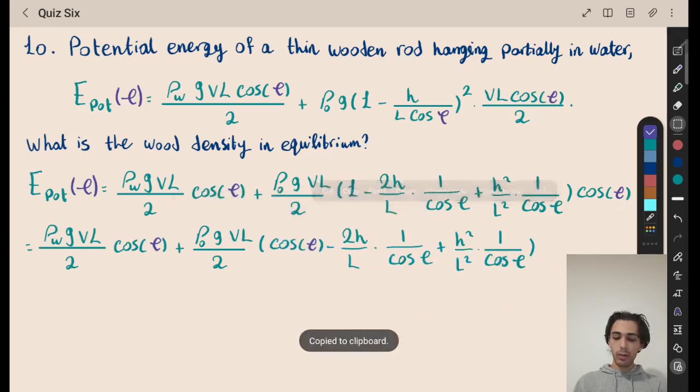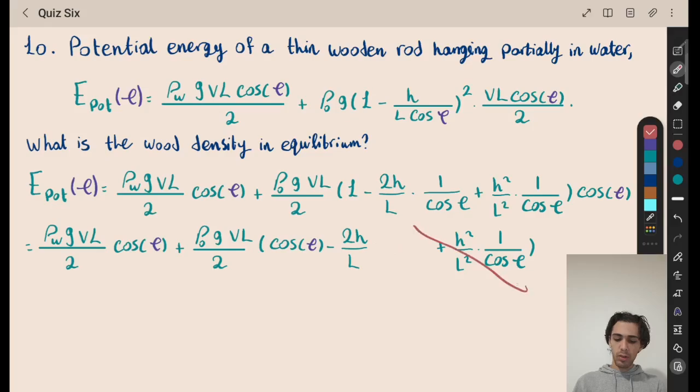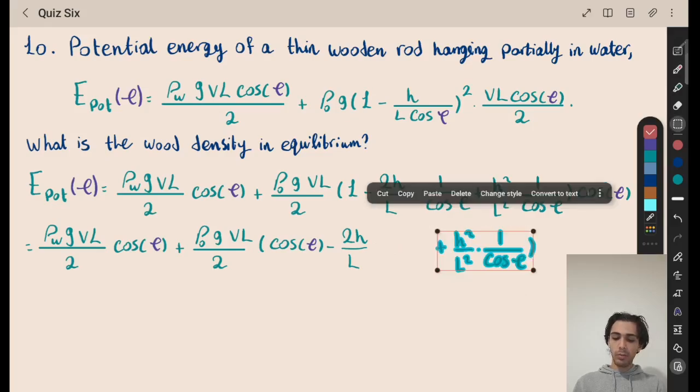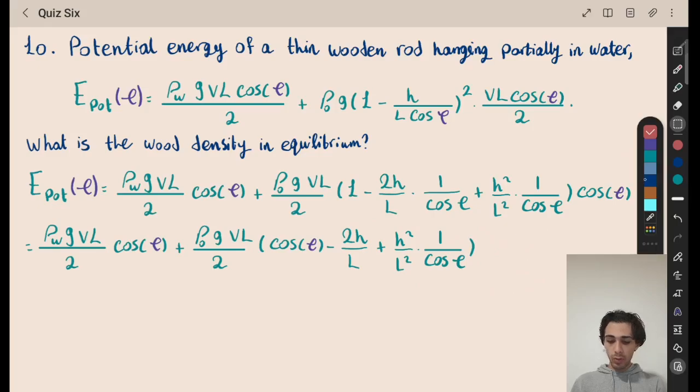Second term has cosine of phi, so probably they'll cancel out. And as for the final term, which I have written incorrectly again, but since I've seen it, I don't need to redo the video once again.